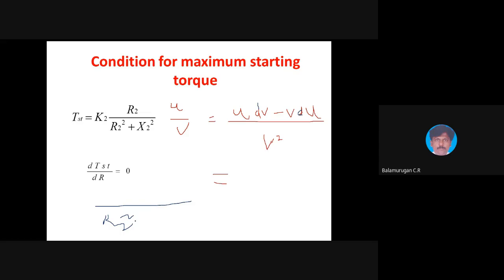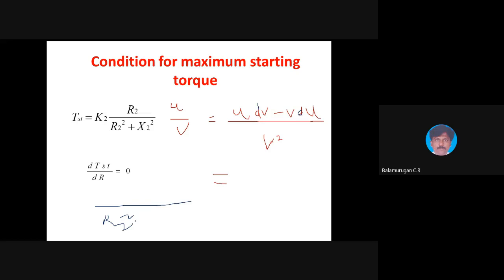Okay? So separating this, R2 squared plus X2 squared equal to 0. So what is the condition? R2 squared equal to X2 squared. So what is the final condition? R2 equal to X2. Okay, rotor resistance equal to rotor reactance. So that is the condition for maximum starting torque.